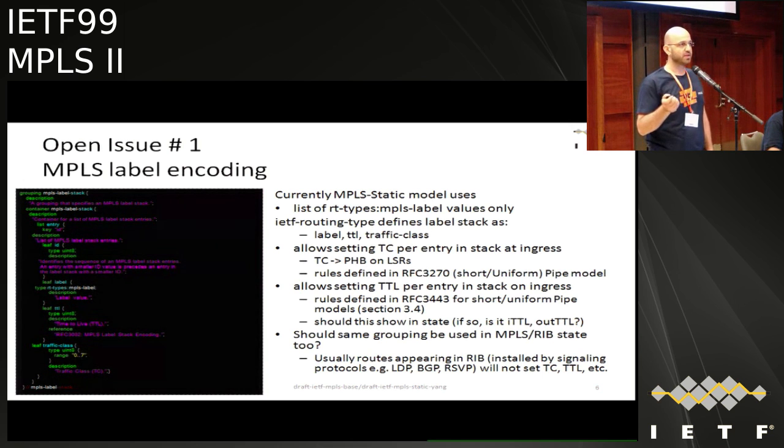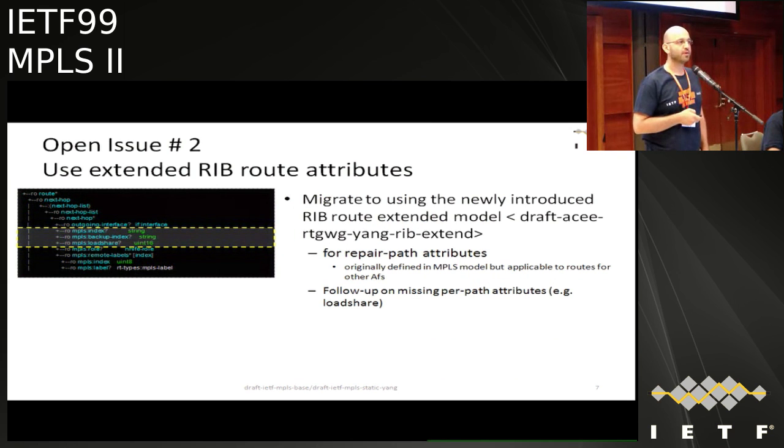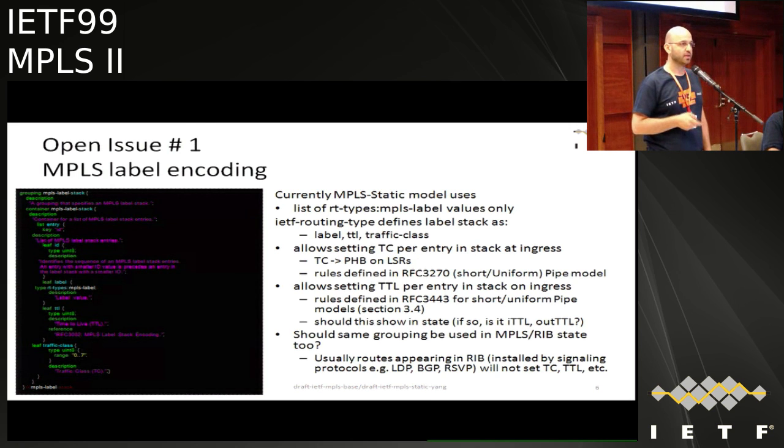TTL I have less of an opinion on, but you said TC is not there, correct? Currently it's not in our model. I'm suggesting that it might be a good idea to include it. Yes, it's a good idea. I agree. Should we then update the grouping defined in routing types, or have a different grouping without the TTL there? That's the question I will ask the routing group YANG modelers.